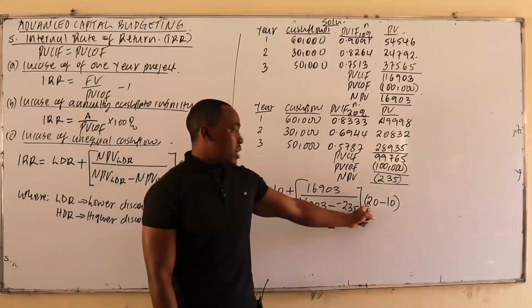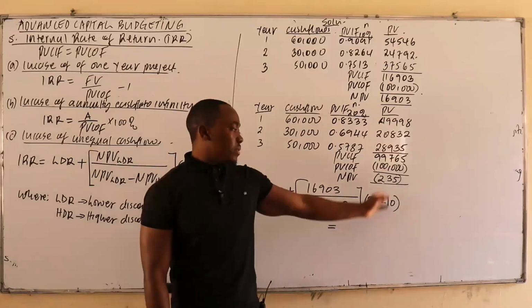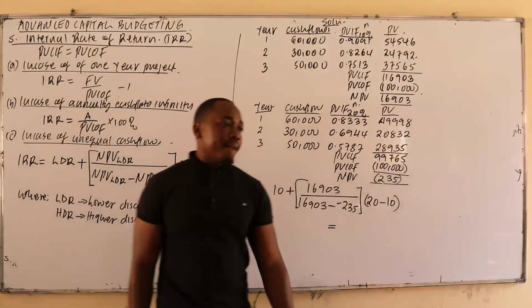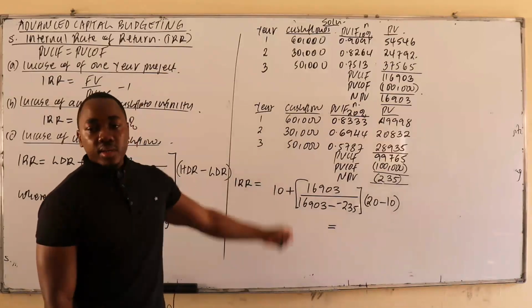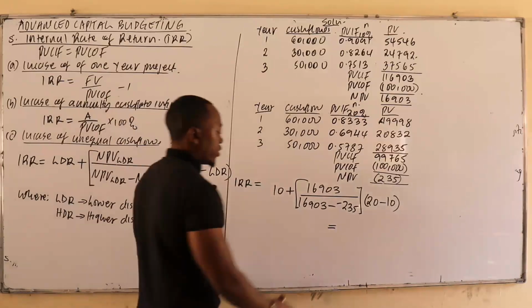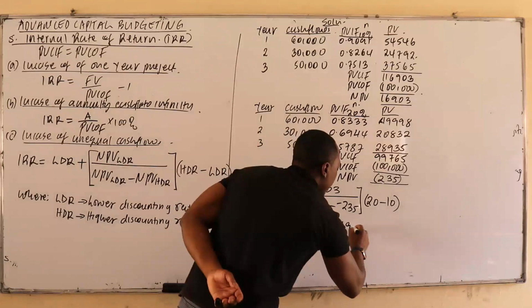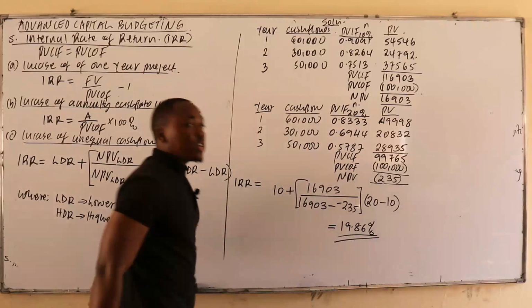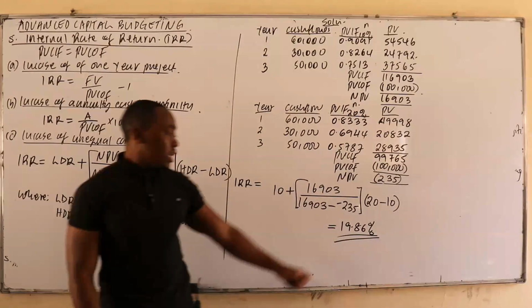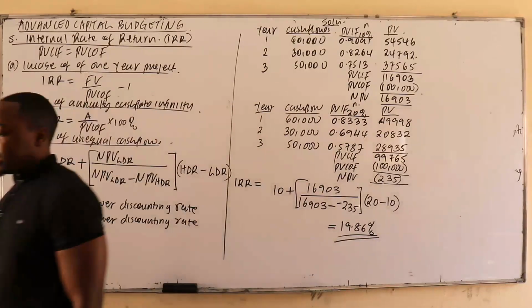And then you multiply by 10, since 20 minus 10 is 10. Then you add 10. What do you get? 19.86%. So that means the internal rate of return of this project will be 19.86%. You can copy now.